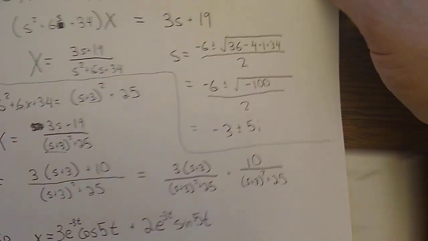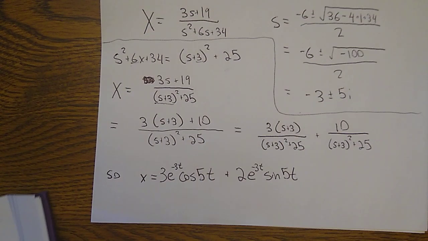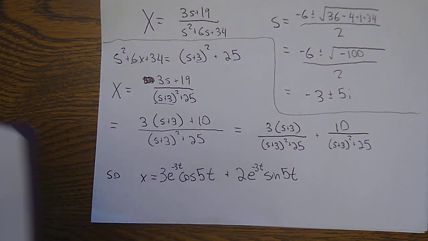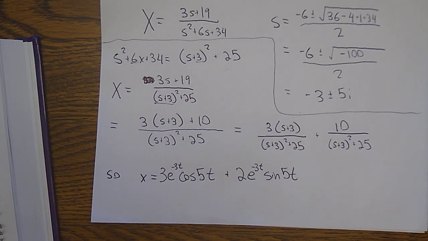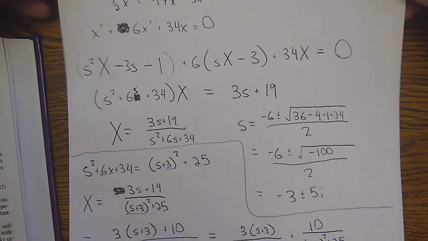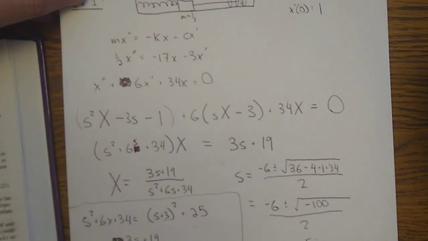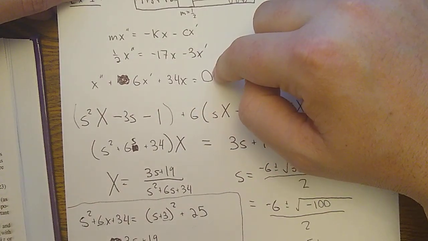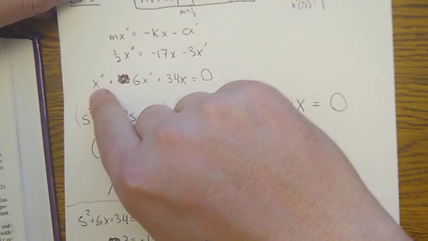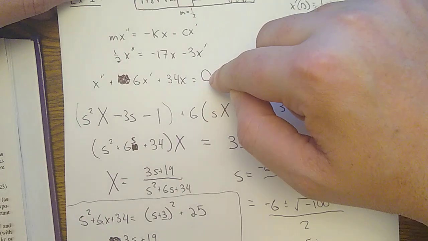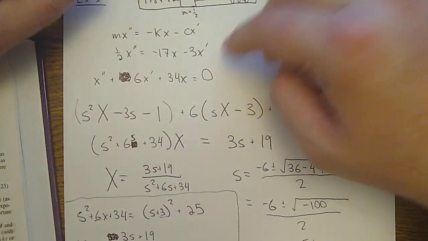And let me just make a comment that this answer makes a lot of sense. I started talking about how we would have done this the old way. This is like the characteristic equation way, where you write r squared plus 6r plus 34 equals 0, and you solve for r.